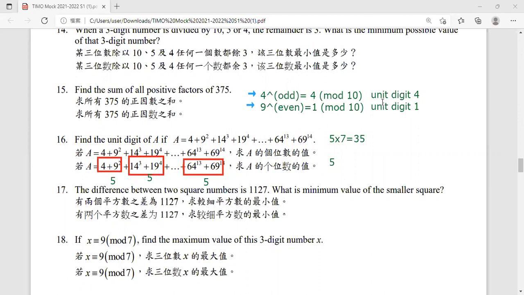So we have a 4 here, and a 1 here, adding up to 5. And if we have also a 4 here and a 1 here, adding up to 5 again. Now we have 7 sets of these, so the last digit will be 5 times 7, which is 35, which means the last digit will be 5.